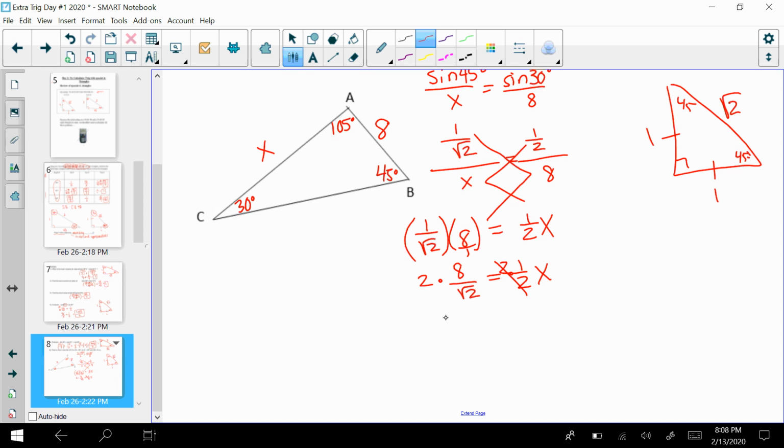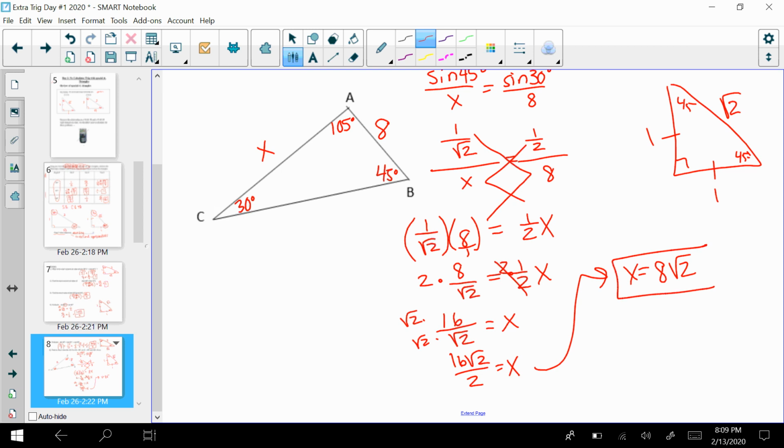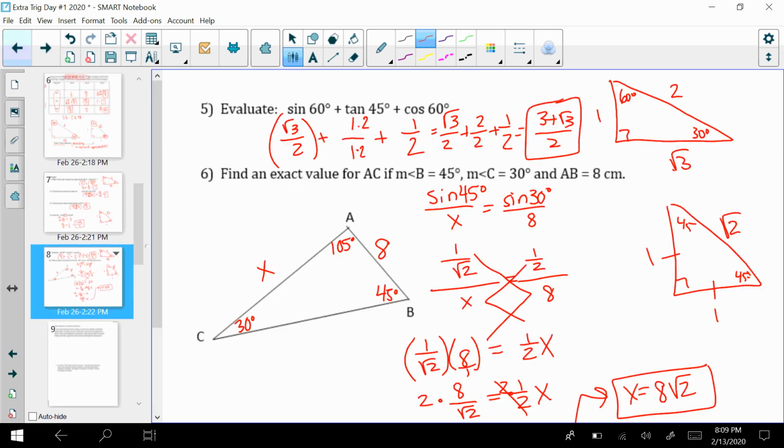And then you're going to get 16 over radical 2 equals x. So now we just have to rationalize. 16 radical 2 over 2 is x, which means x equals 8 radical 2. All right, that's good stuff.